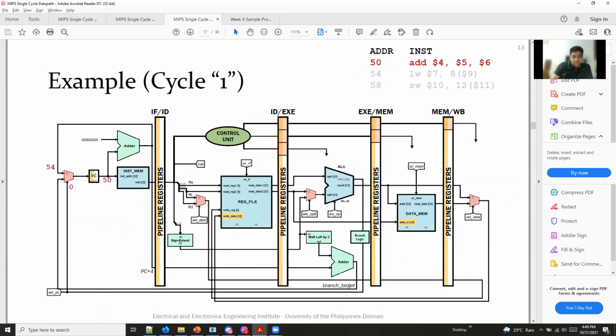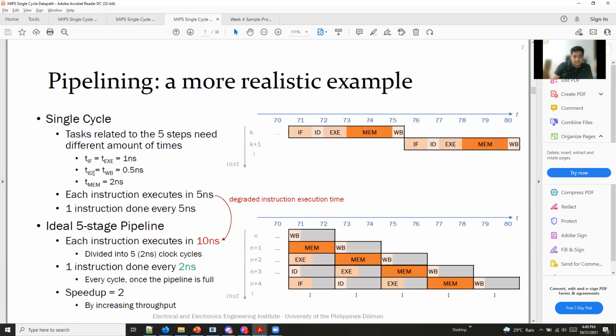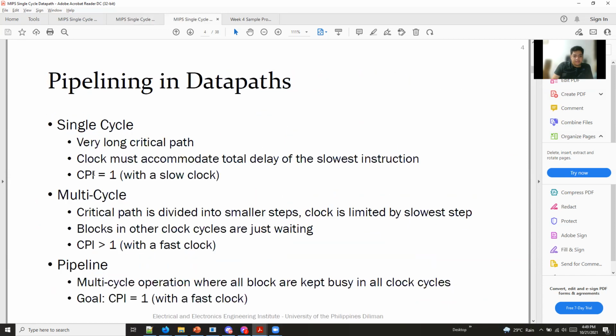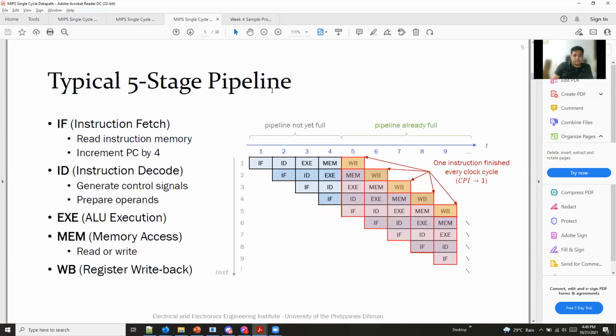Pero before dito, I think merong mga metrics na diniscuss dito. So, yung per instruction natin, kaya natin silang i-separate into 5 different steps. So, instruction fetch, instruction decode, ALU execution, memory access, and write back.